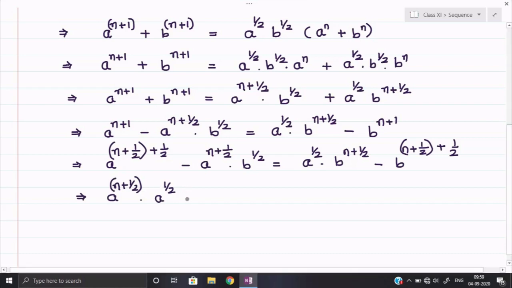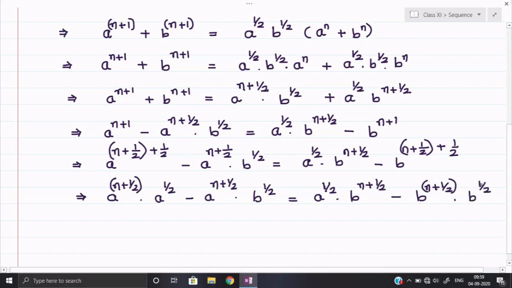Now these two terms I am keeping as they are: a to the power (n+1)/2 into b to the power 1/2 is equal to, this term also I am keeping the same, a to the power 1/2 into b to the power (n+1)/2, minus, now this one also I am writing in the same manner, b to the power (n+1)/2 into b to the power 1/2.